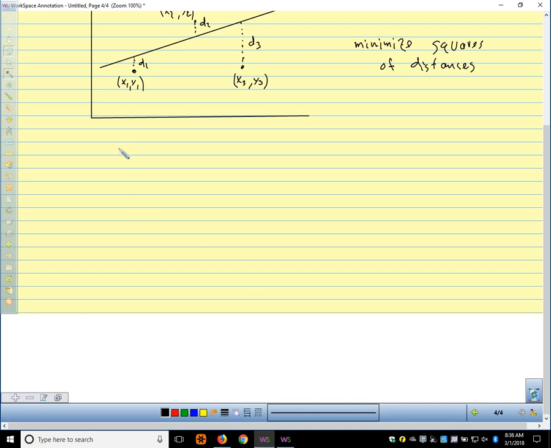So we're minimizing the sum of these squares, the sum i equals 1 to n, for however many data points you have, of f of x sub i minus y sub i, squared.